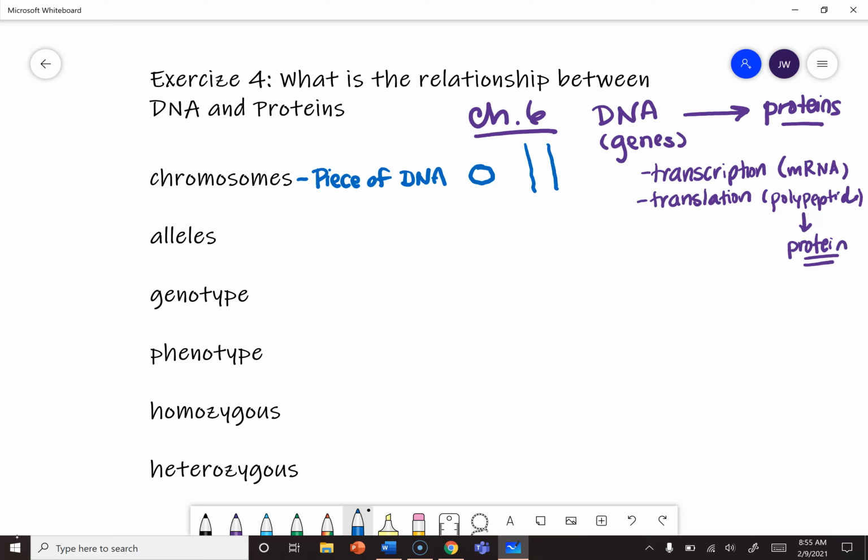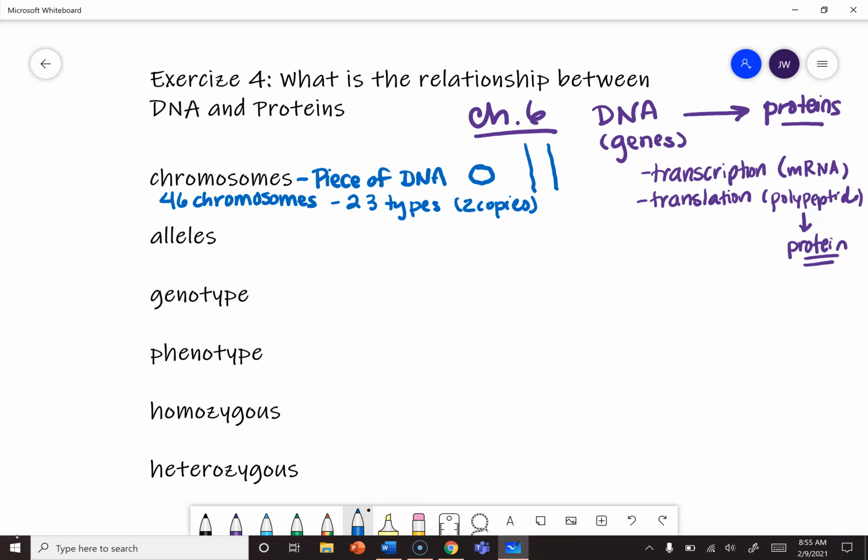In humans we have 46 chromosomes, and that 46 is actually made up of 23 types of chromosomes, and we have 2 copies each. You get one of those copies from mom and one from dad.